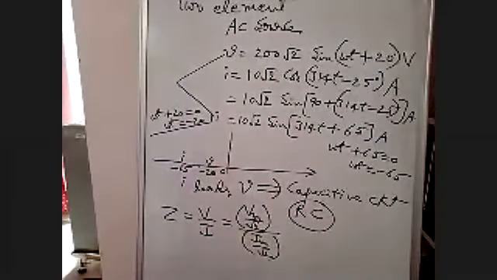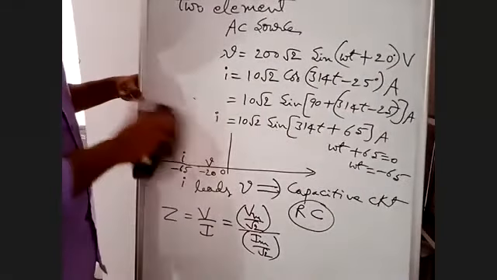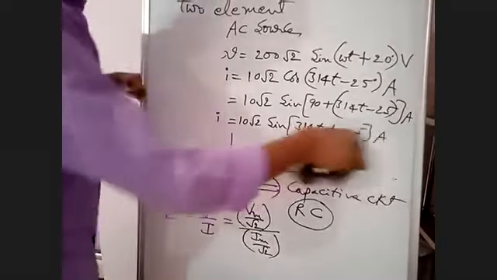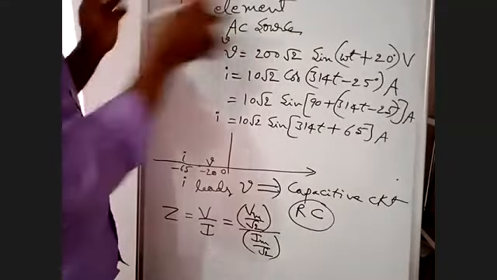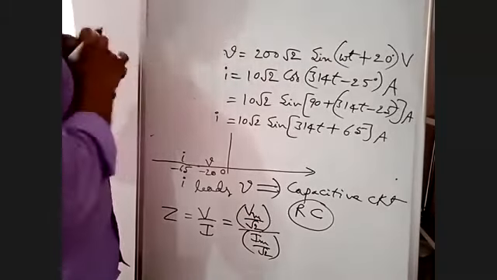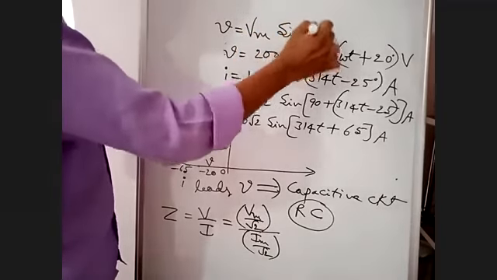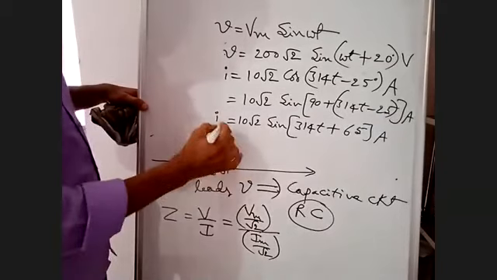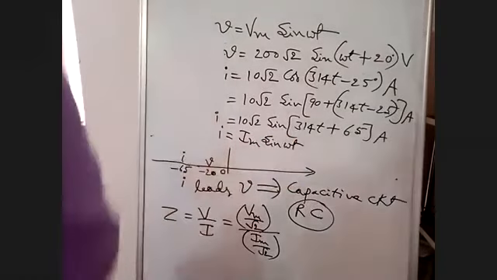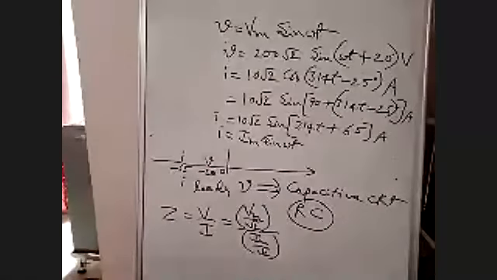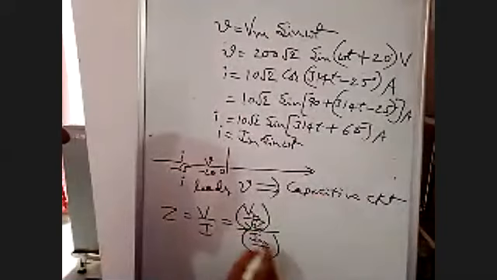Now tell me, what is Vm? 200 root 2. This root 2 can be cancelled.